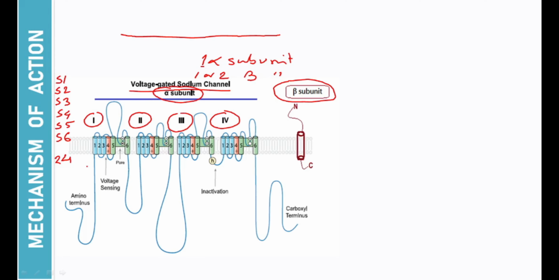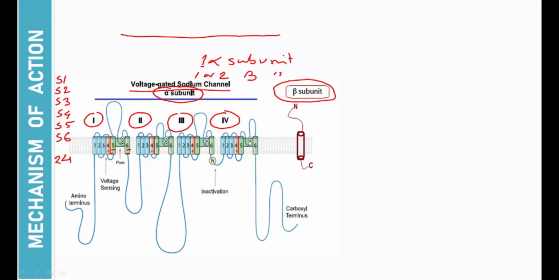The channel here means the pore of the channel. The pore is formed by the S5 and S6 segments and the short loop of amino acids that links S5 and S6.